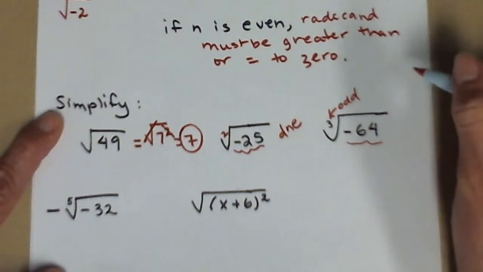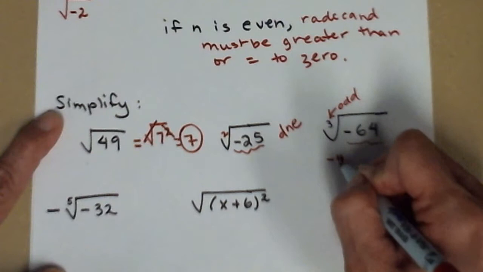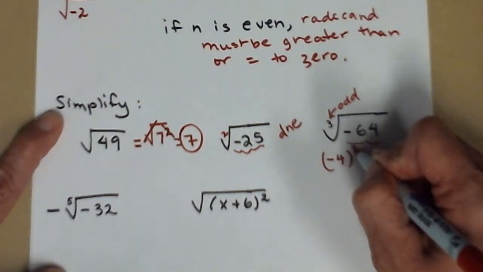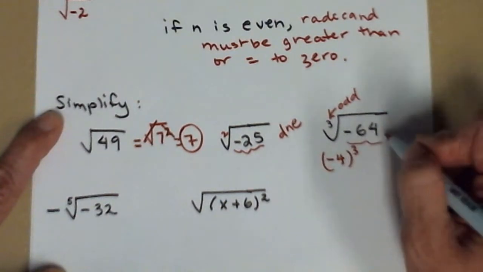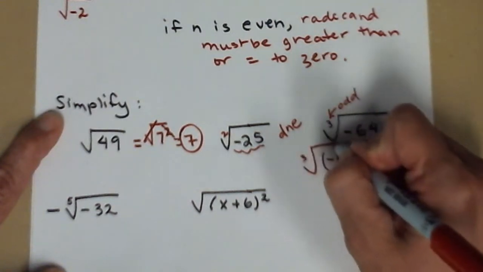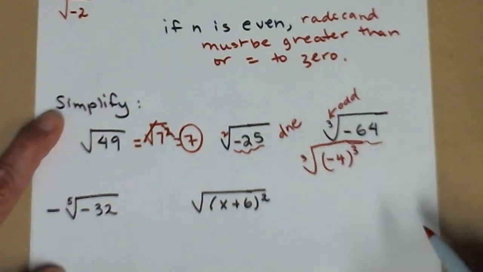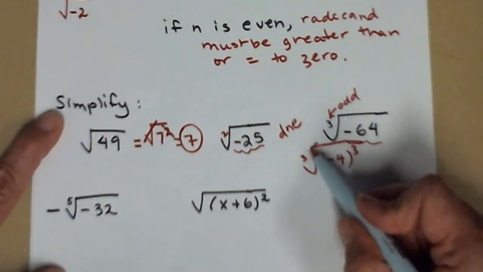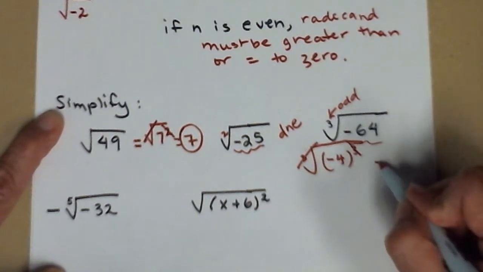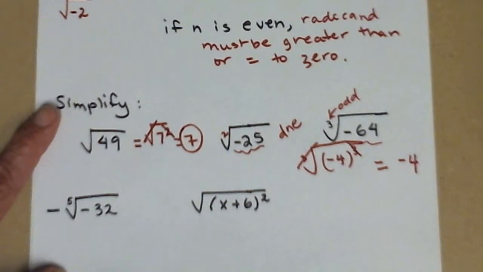What times itself 3 times is -64? I'll let you verify that -4 cubed is -64. If I take the cube root of that, the cube root and cubing cancel each other, and my answer is -4.